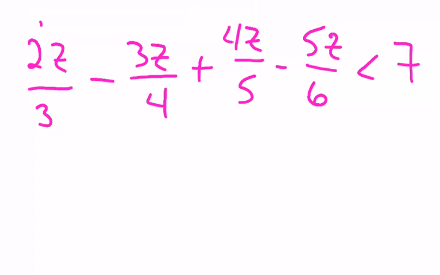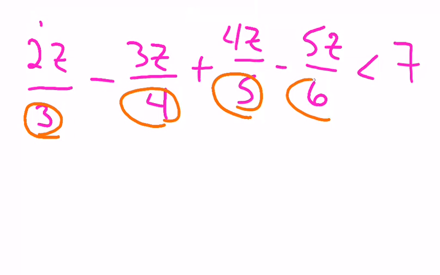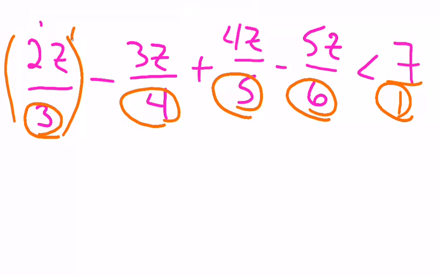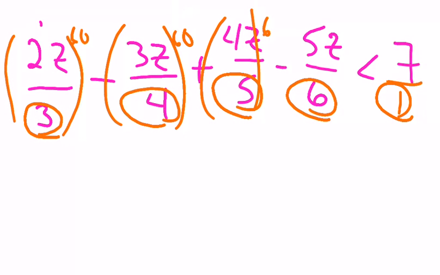So even though we have a lot of terms here, we still do the same thing. We have to find a common denominator between all of these denominators, remember this is 1, so 3, 4, 5, 6, and 1. In this case it would be 60. So every term gets multiplied by 60.